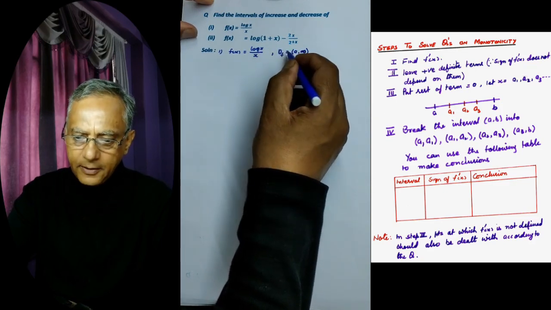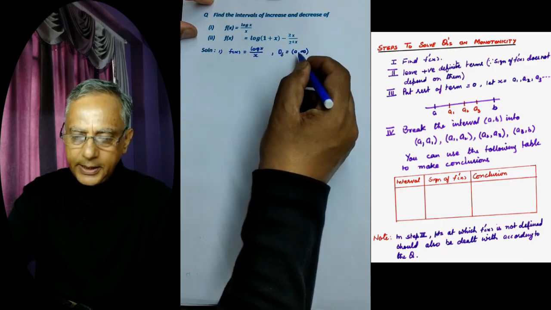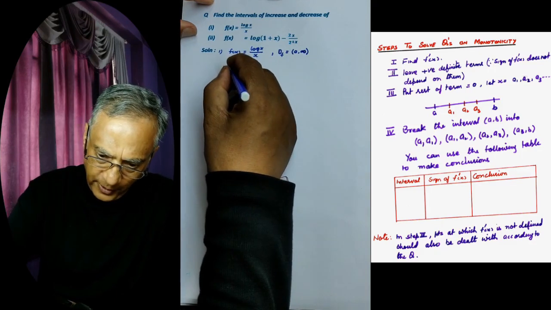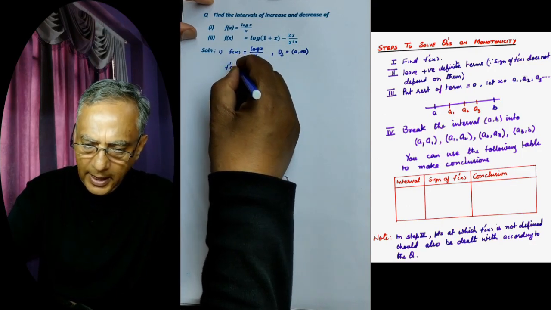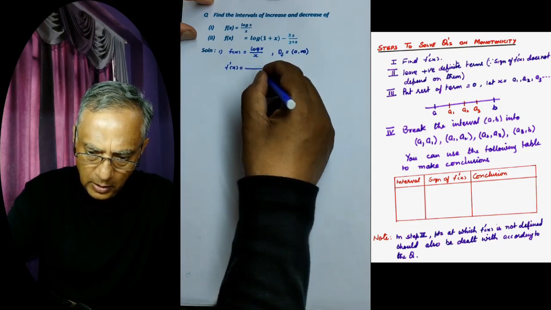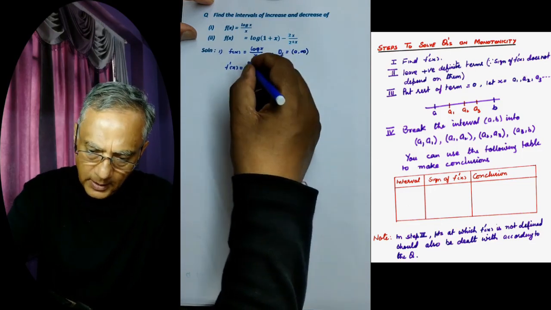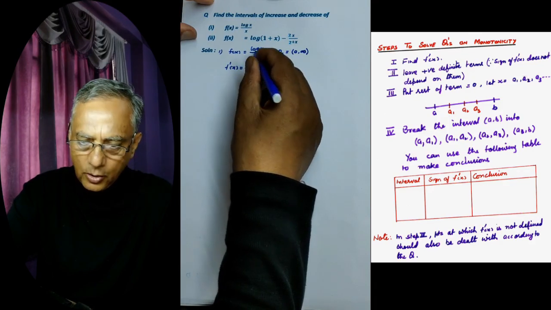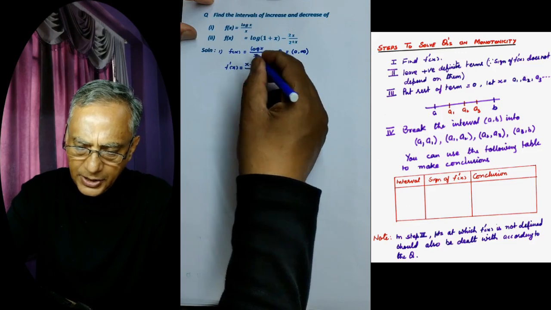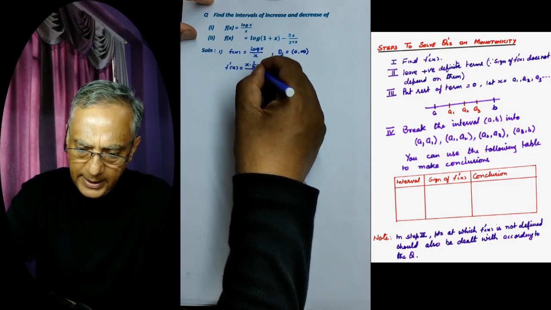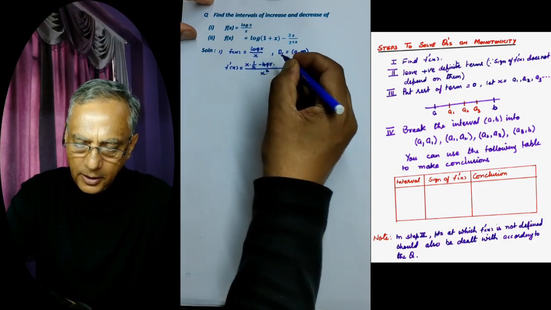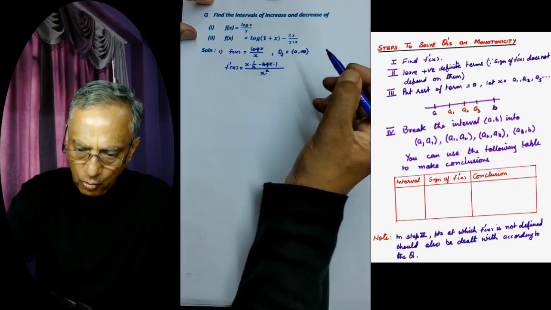Now we have to find the intervals of increase and decrease of this function in this domain. First we find f'(x). Using the quotient rule, f'(x) is g(x) into f'(x), that is 1 by x, minus f(x), that is log x, into g'(x), that is 1, divided by g(x) square.